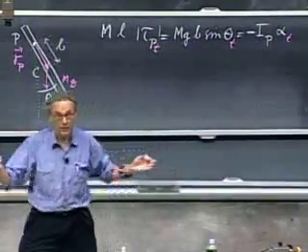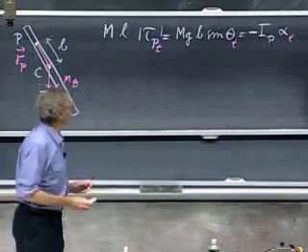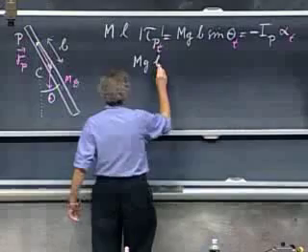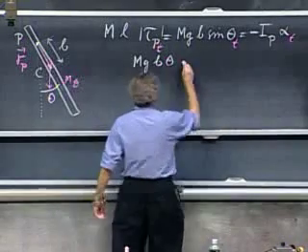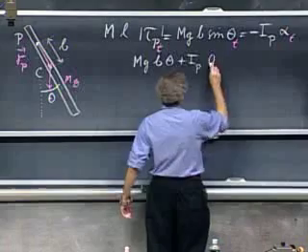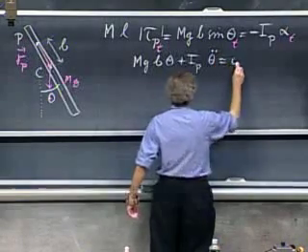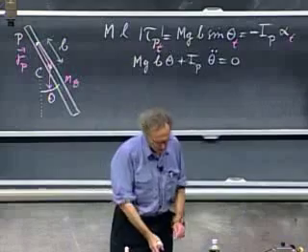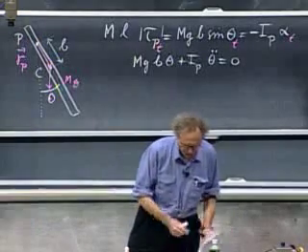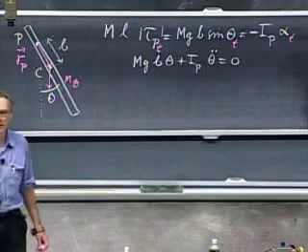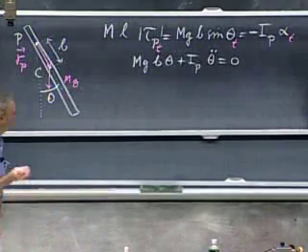We've done that before, provided the angle is in radians. And so I'm going to get that mgb theta plus I relative to P times theta double dot equals 0. And now I already begin to feel it in my bloodstream. I already begin to smell the simple harmonic oscillation, and you too.